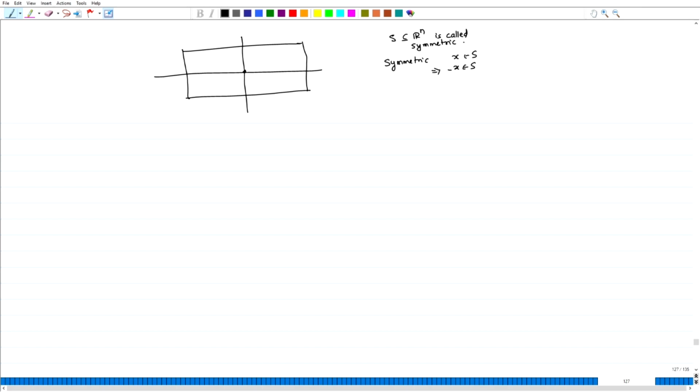Okay, so symmetric around 0, that is what it is.